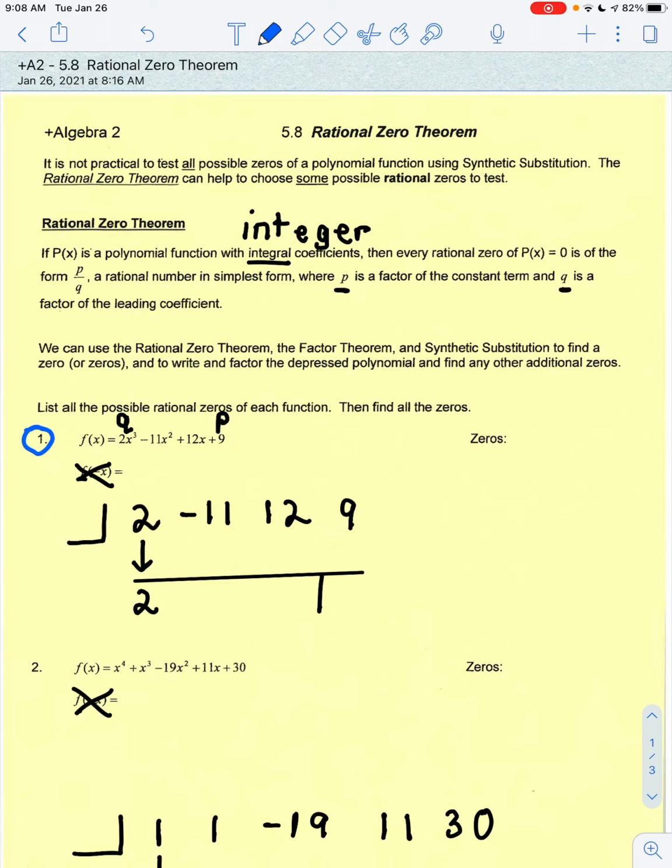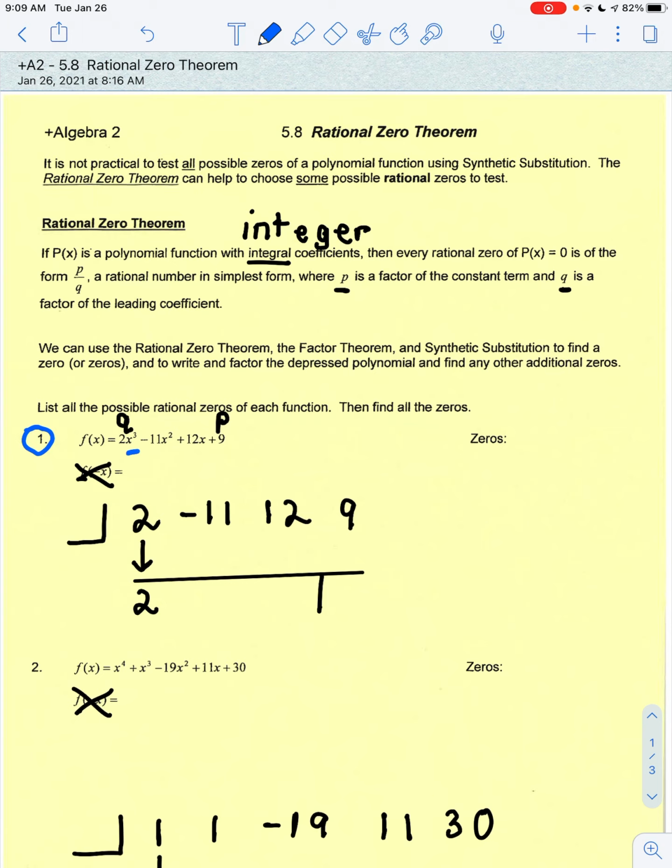If we're at a cubic, degree 3, we only need to find one value that works to go from a cubic to a quadratic. And the good news is once we reach the quadratic level, if we can't factor the quadratic, we can always use the quadratic formula.